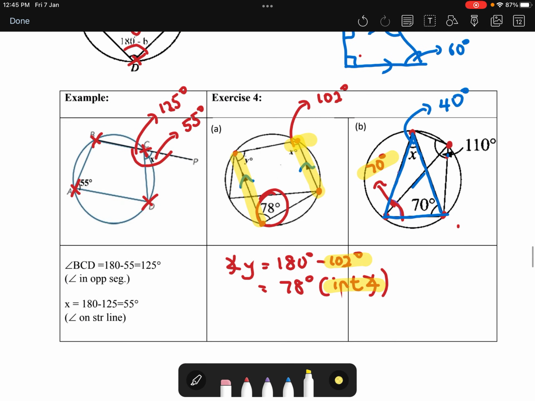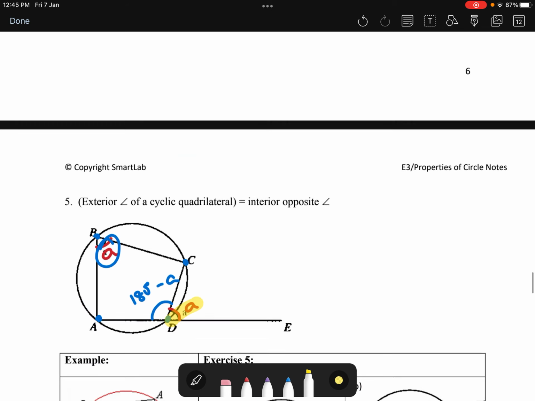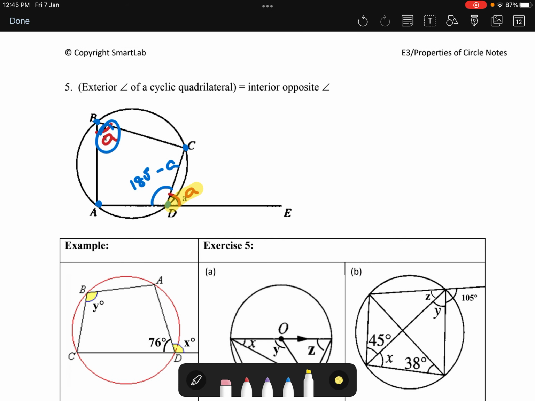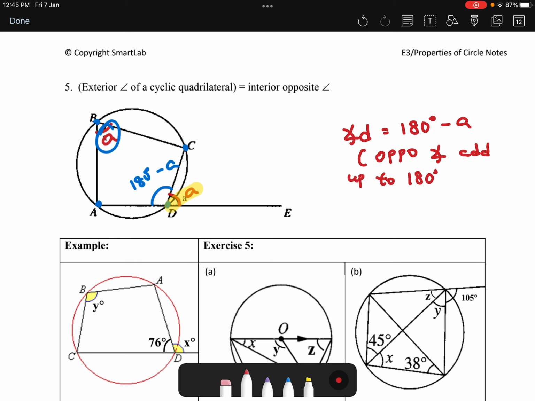The fourth property, if you look at this example, is the same example. So you do not need to memorize this fifth property. For this, you just talk about angle D being equal to 180 degrees minus A. This is due to opposite angles adding up to 180.